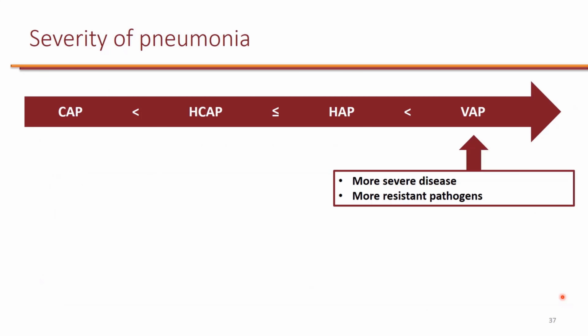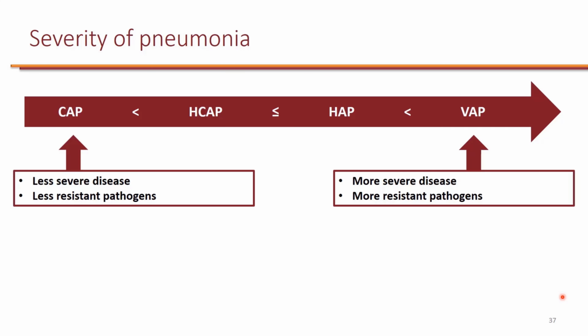At this point, you should know that VAP is a more severe type of pneumonia and is associated with more resistant pathogens, and CAP, or community-acquired pneumonia, is a less severe pneumonia and less resistant pathogens cause it. Now let's take a look at the common causes of community-acquired pneumonia.